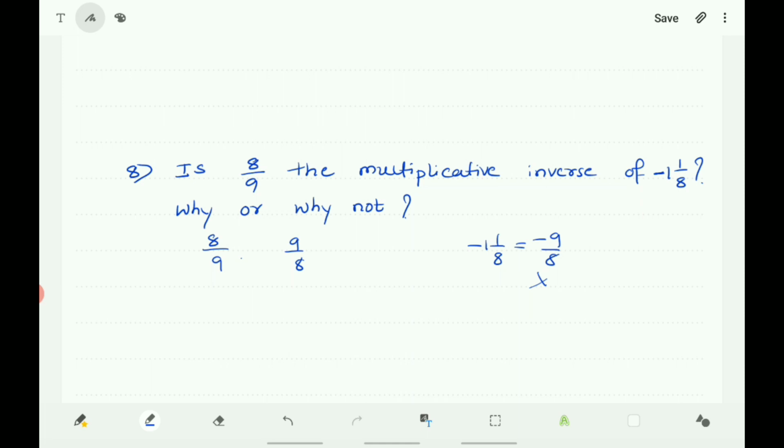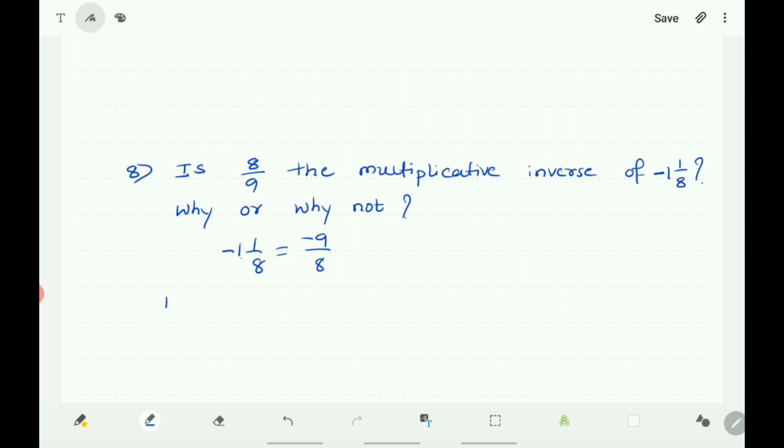First you write minus 1 1 by 8 is equal to, converting this into an improper fraction, 8 ones are 8 and plus 1 is 9, that becomes minus 9 by 8.